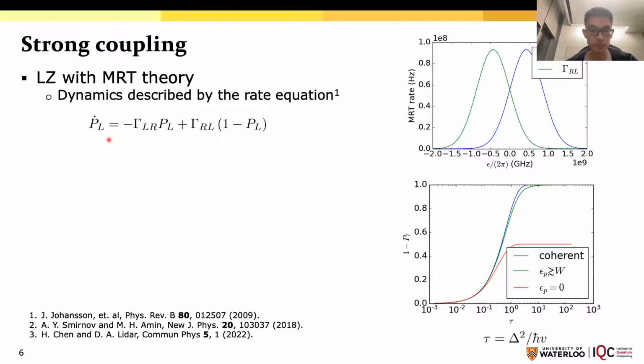The transition rate is simply given by these MRT left and right transition rates. If we take some typical noise parameters that would correspond well to the D-Wave qubits, we have the left and right transition rates, and these two transition curves are pretty well separated.